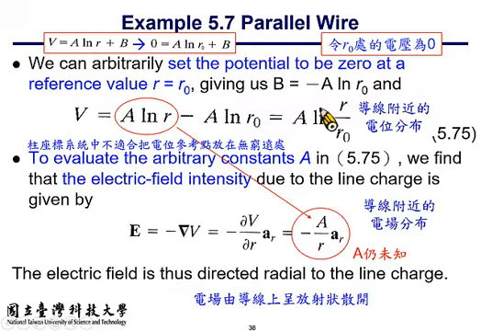However, we only solved for the relation between A and B by assigning the zero potential reference. We still don't know the value for A, right? But fortunately, it's enough for us to write up the relationship for E, the electrical field intensity, which is defined in terms of what?